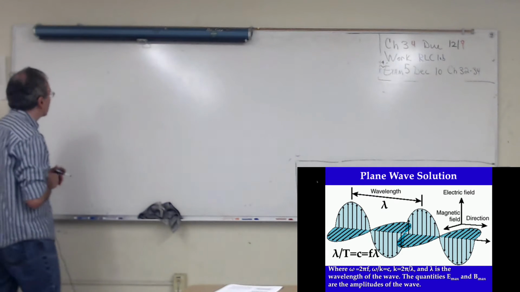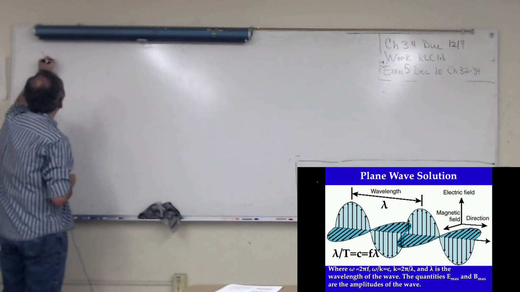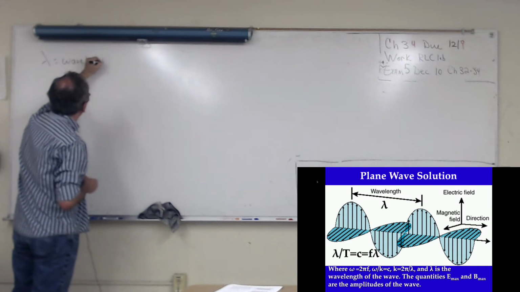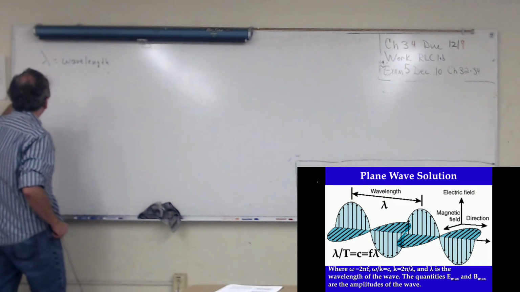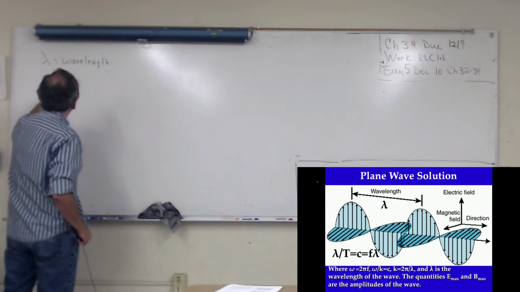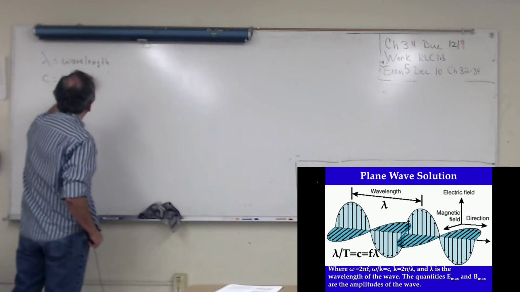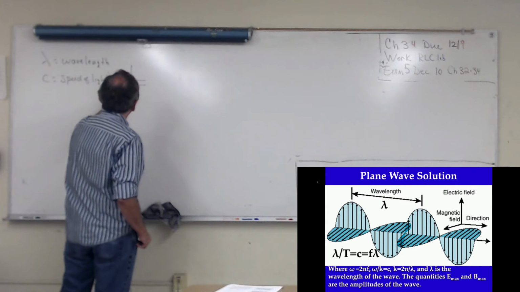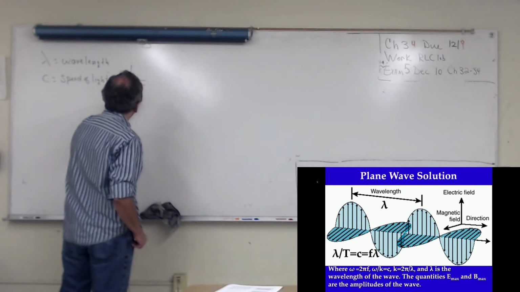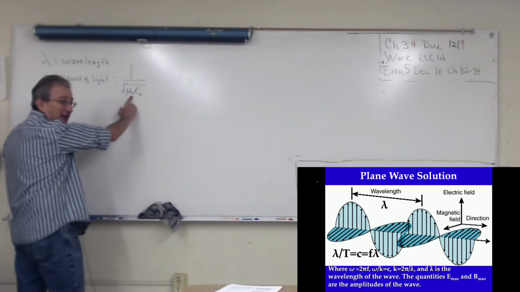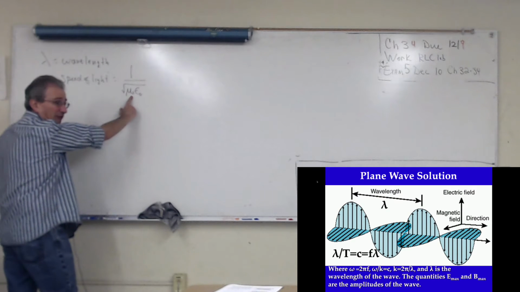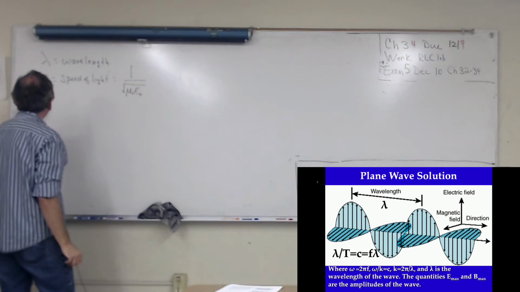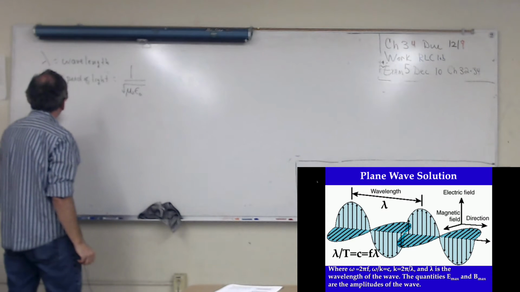And what are some properties of these waves? Well, lambda is the wavelength. The speed of light is c. And Maxwell was able to actually theoretically predict the value of the speed of light. It's given by this expression. And T is the period.